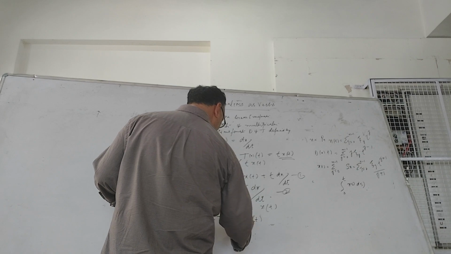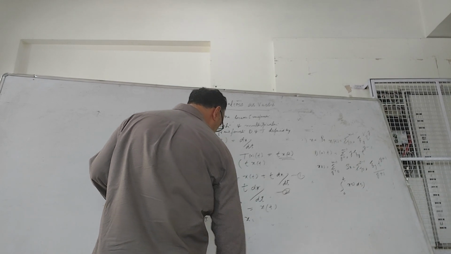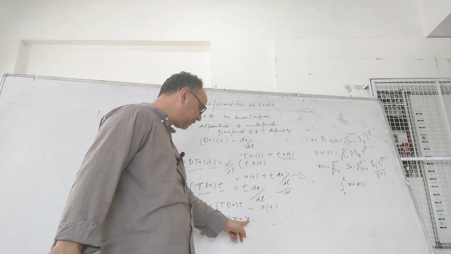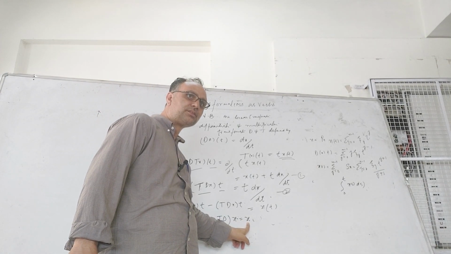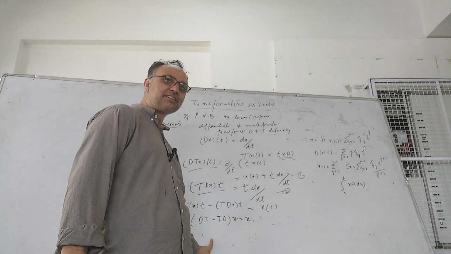So it's not 0, it's coming x. Normally AB minus BA is 0.